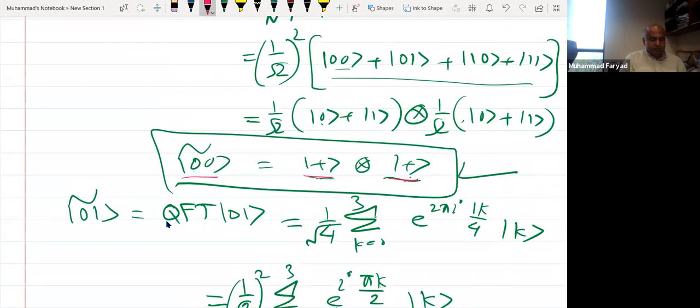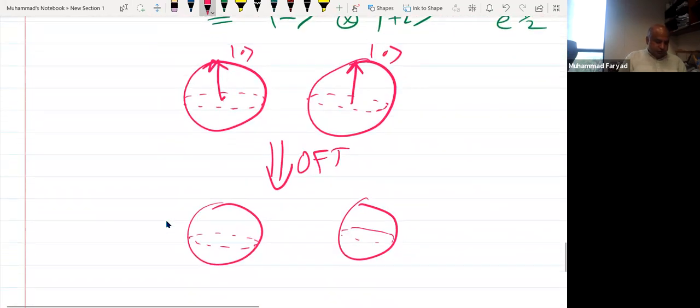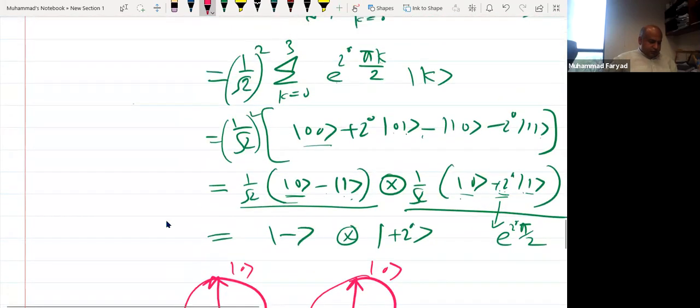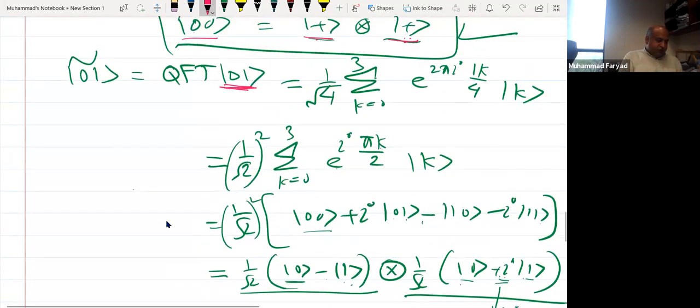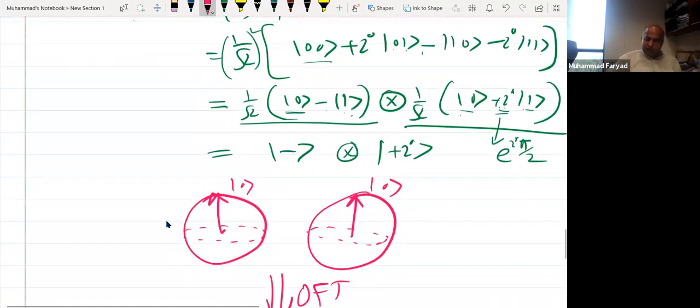So this is a plus state, and this is plus. So after the Fourier transform, both states are in this vertical plane, and they're both along the plus plus state. Let's see how this 0 1 state transformed. So 0 1 transformed to the minus plus iota state.